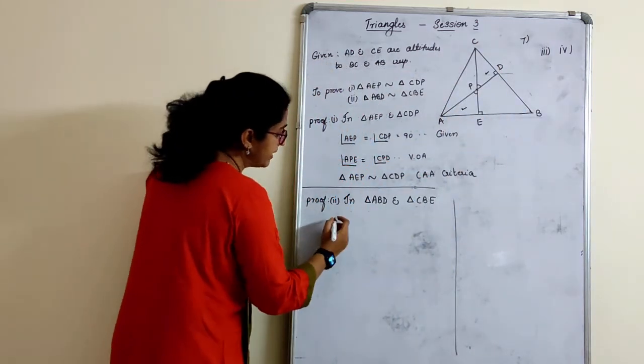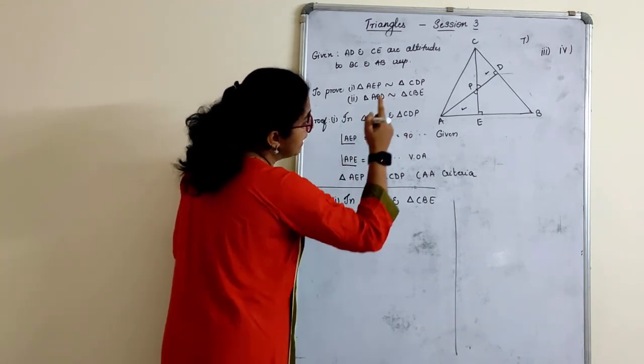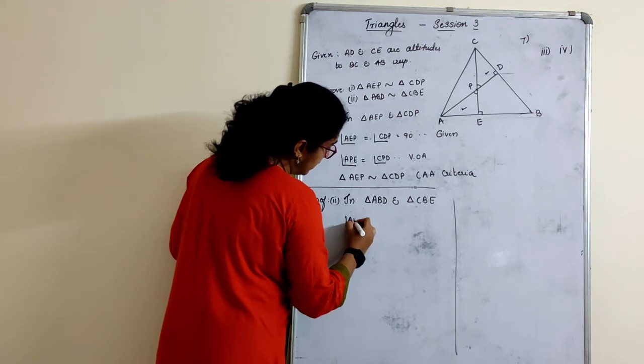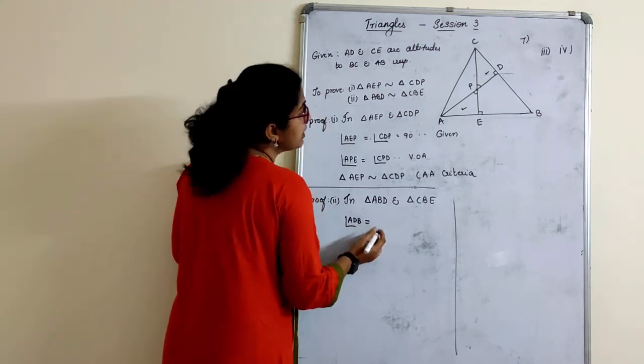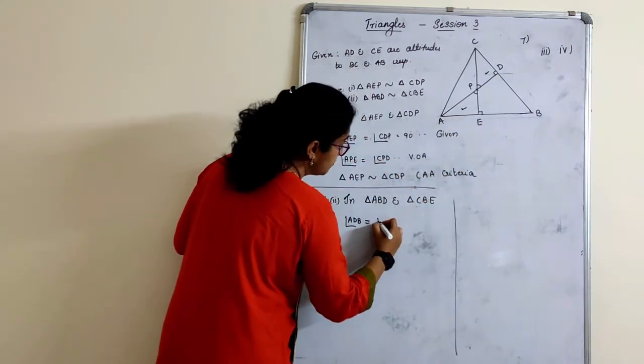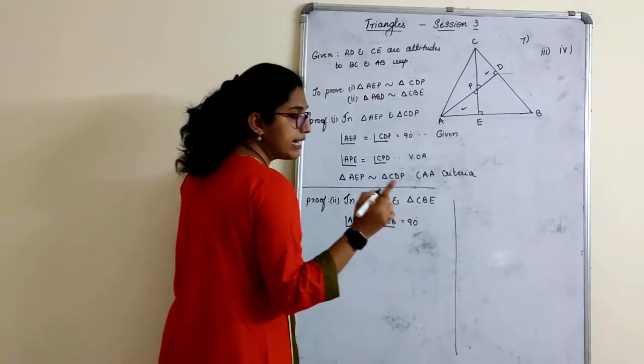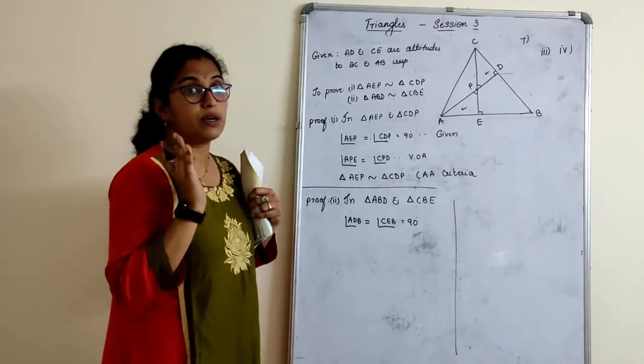First of all, search for the 90 degree. In ABD, angle ADB is 90. ADB is equal to CEB, which is 90. Always one 90 degree will be common in both the triangles that they give.